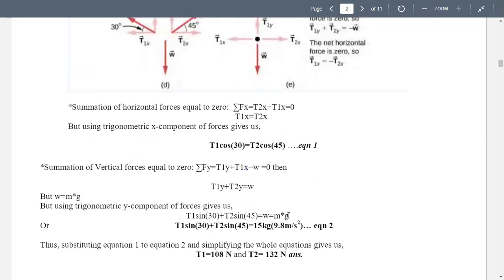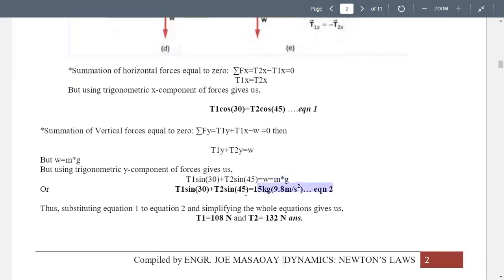Further simplifying, the weight of the traffic light is mass times gravity, so 15 kilograms times 9.8 meters per second squared. This whole equation is the second equation.